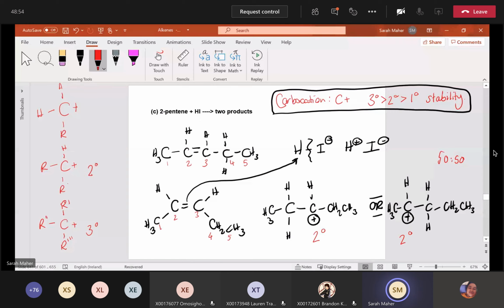Tertiary, secondary, primary. So it depends on the number of R groups and the number of hydrogens around that carbon.